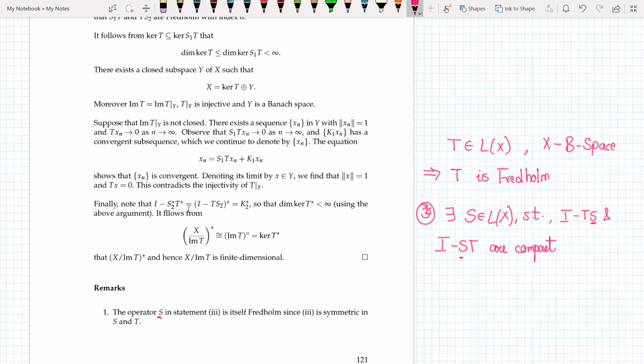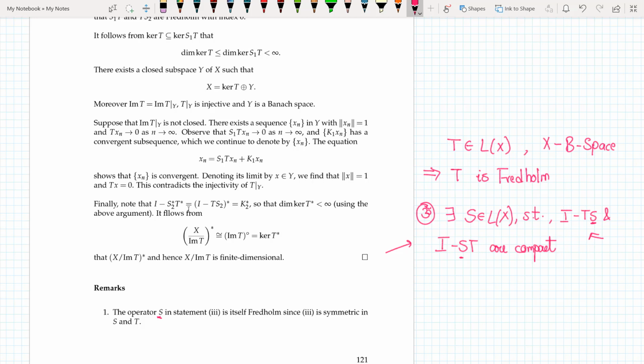Looking at this statement, since there exists S in L(X) such that I minus TS and I minus ST are compact, I can say that T is Fredholm.